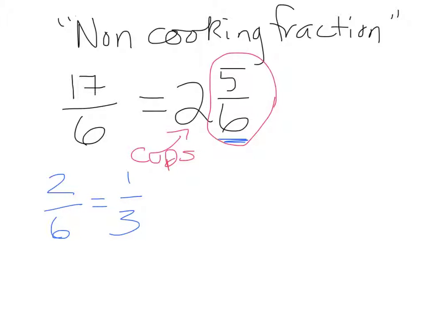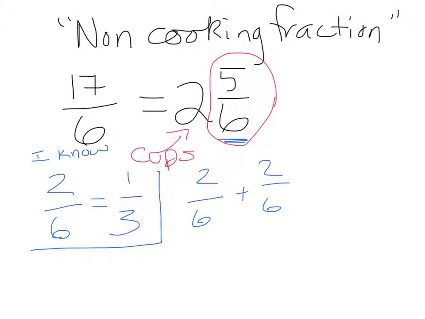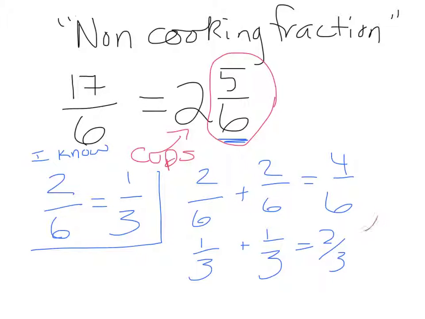So this is what I know. If I had 2/6 plus 2/6, that equals 4/6. So that's telling me I need 2/3 of a cup, but I'm not quite at my 5/6, because now I'm out of room, but 5/6 is my goal.